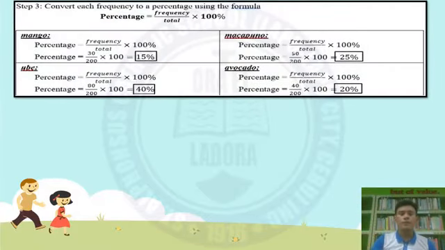For the percentage, frequency over total times 100. So the percentage for mango, 30 students over 200 times 100, is 15%. For ube, 80 over 200 times 100 is 40%.